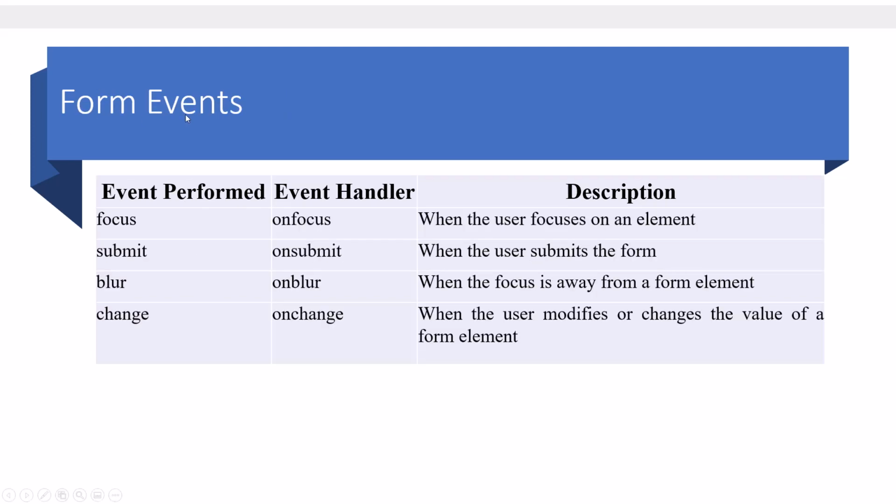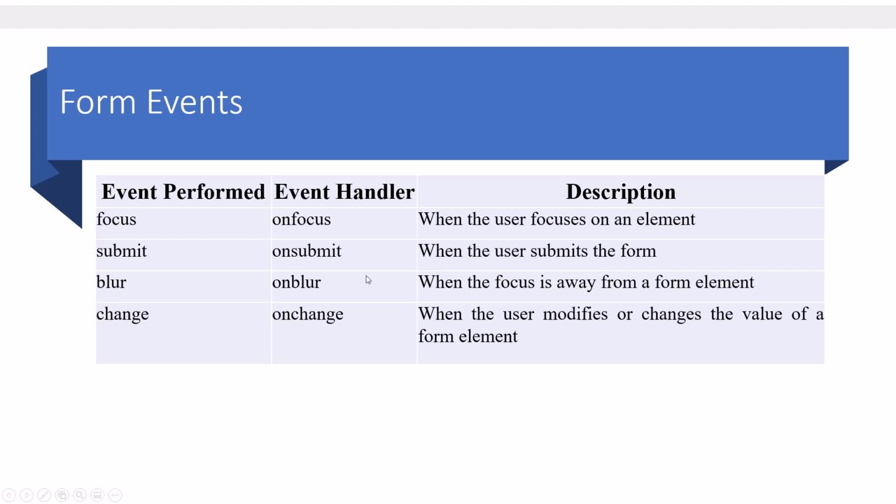The next is form events. When we have a form on which we need to perform some events, there are different events. The first one is focus, and the handler is onfocus, used when the user focuses on an element in the form. Then submit has the handler onsubmit, used when the user submits the form.